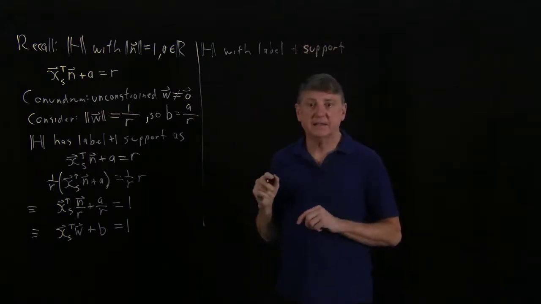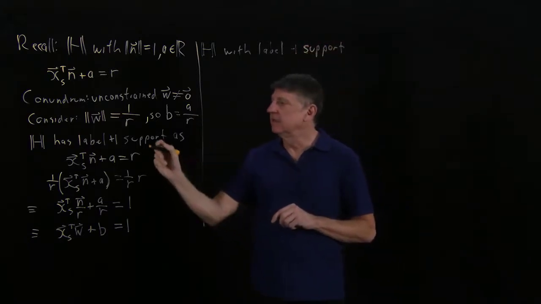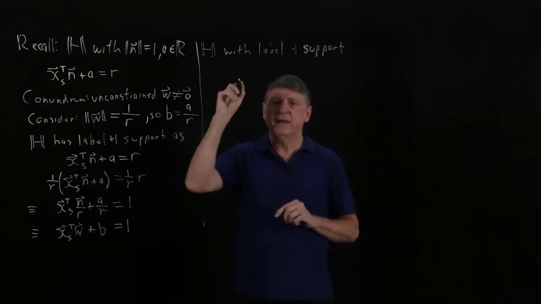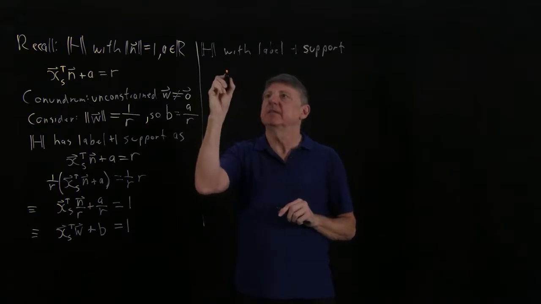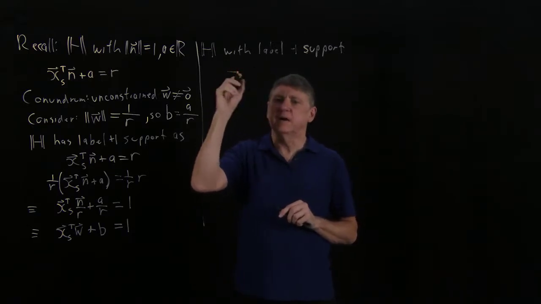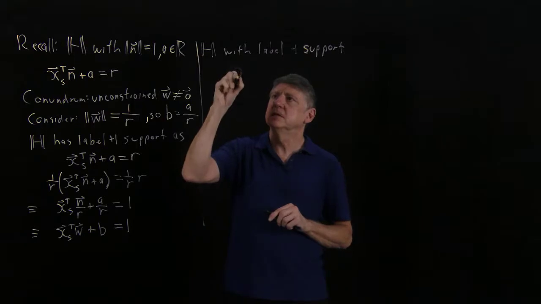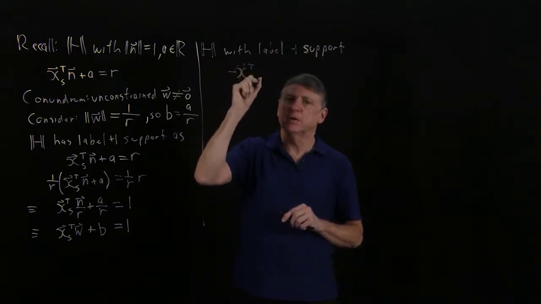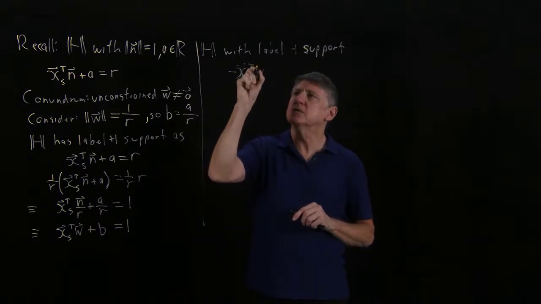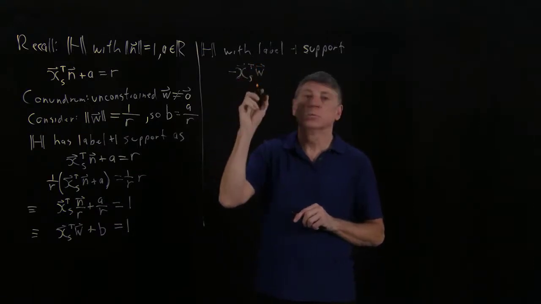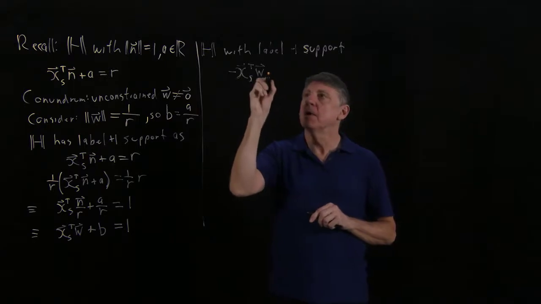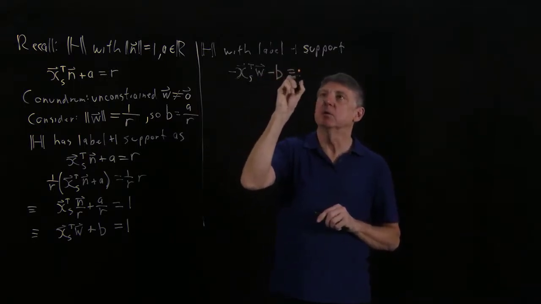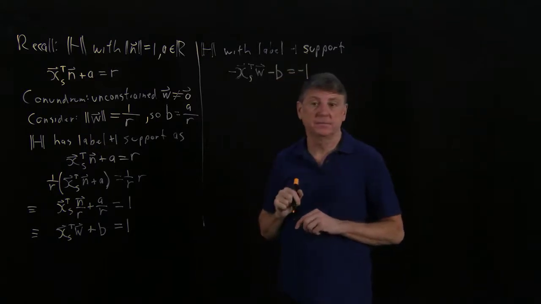Well, since we allow r to be signed, that would mean that the negative of the support vector inner product with our unconstrained normal vector to the hyperplane minus the bias scalar has to equal -1.